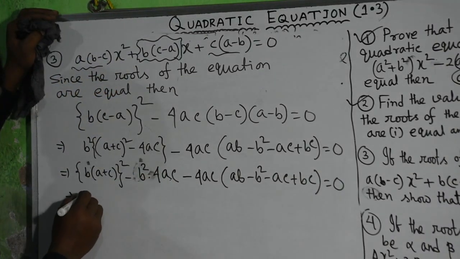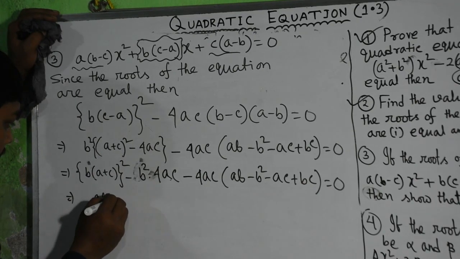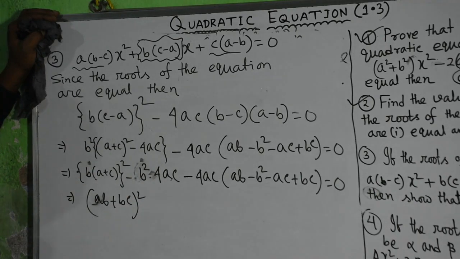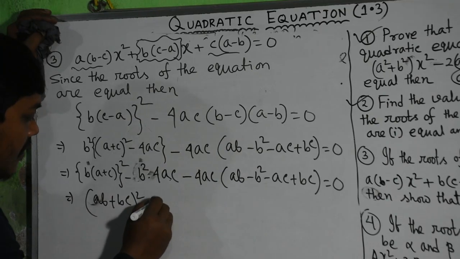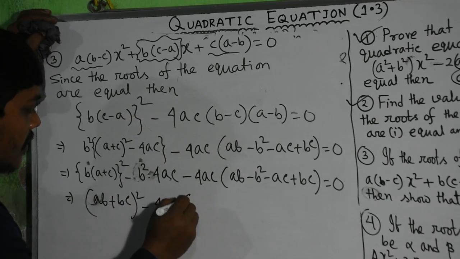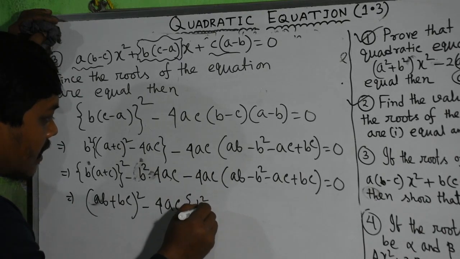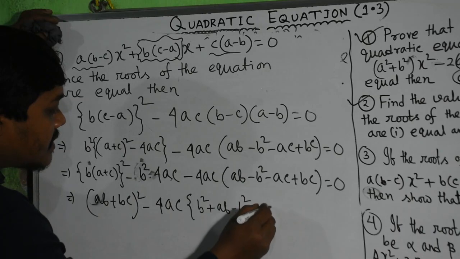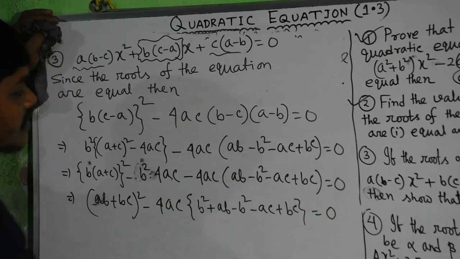So ab plus bc whole square, you can write down just by multiplying b with this expression, and if you take 4ac as the common part, you will get minus 4ac as the common part, b square plus ab minus b square minus ac plus bc equals to 0.